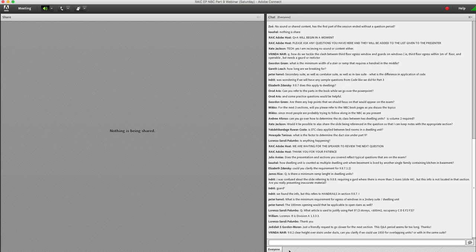Should we be doing other practice questions during song breaks? I have a question on STC ratings. Can you go over how to determine the STC class between two dwelling units? Is volume 2 required? It depends on how you're specifying your fire separation or suite separation. You can look at a ULC listing or a number of different sources.